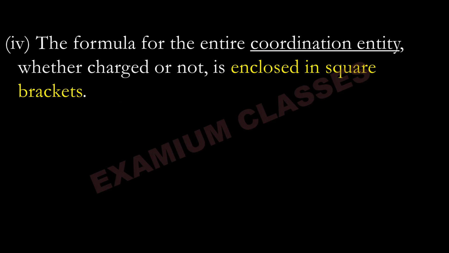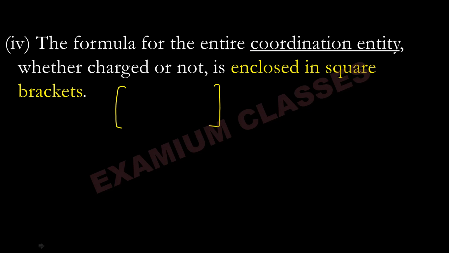The formula for the entire coordination entity, whether charged or not, is enclosed in square brackets. Sometimes, as we talked about in the very beginning, there can be primary valence, or there may not be primary valence. In a few cases, do you remember that we did not get AgCl precipitated?